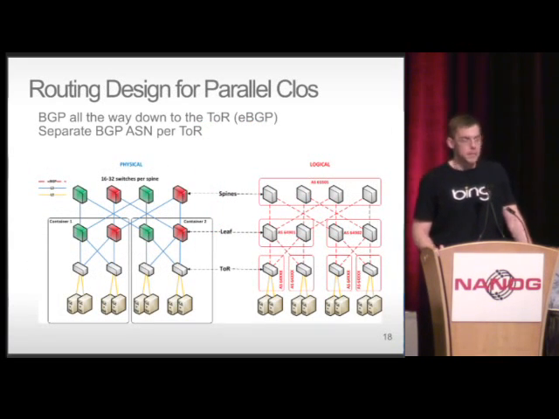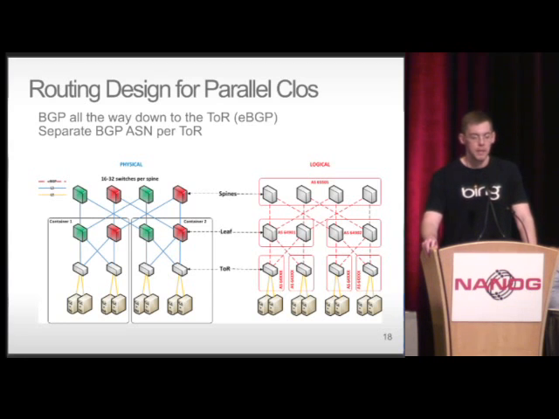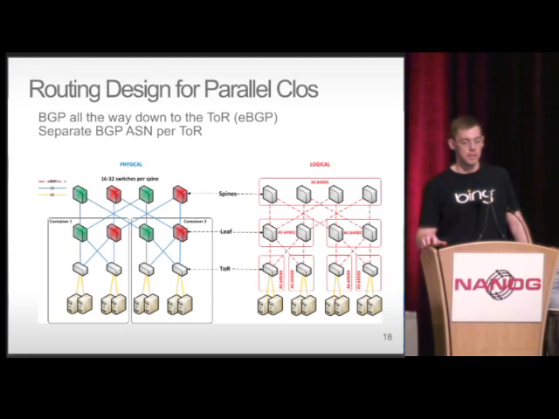And the next problem was fitting our BGP design into this new topology. Since our main intent was to get rid of layer 2 in the container, we went ahead and pushed BGP all the way down to the top of rack switch. As you can see in this topology, every top of rack switch has a separate ASN. So effectively, every top of rack is a small BGP device in its own AS.